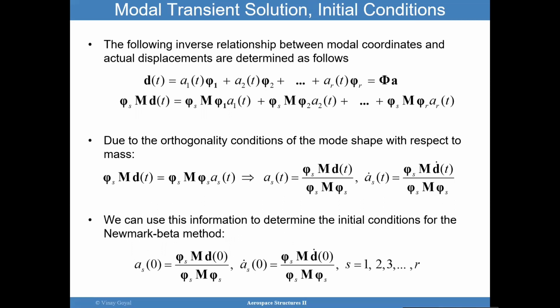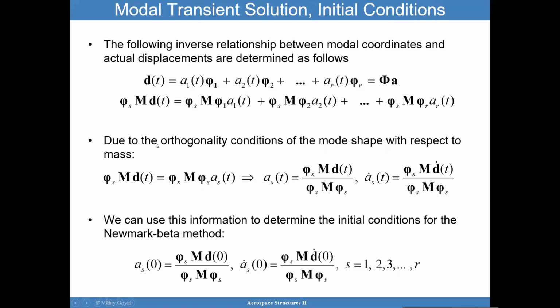You can also look at the inverse relationships between the modal coordinates and the actual deflections. So if I know the deflections, I can try to figure out what is A in terms of D. That is very doable. You can pre-multiply by phi S transpose M, like that.